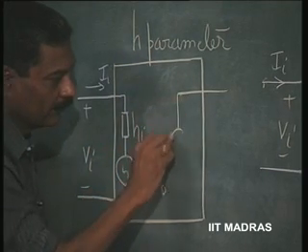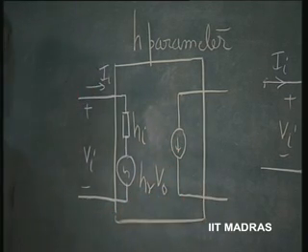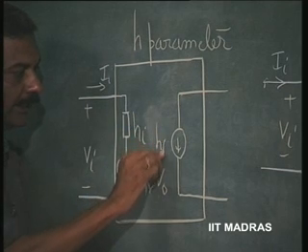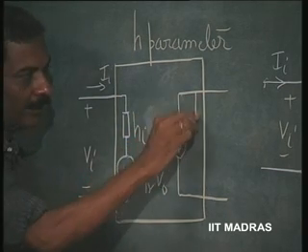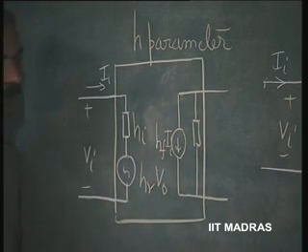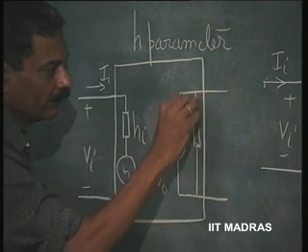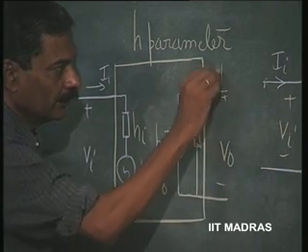So, the current source current is going to be HF into II and there will be an admittance here which is going to be dependent upon this voltage V0, this is I0.